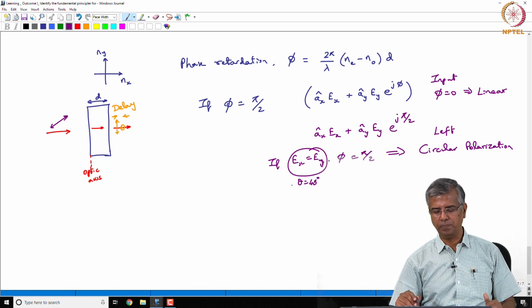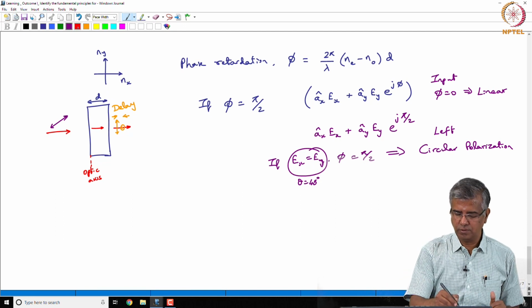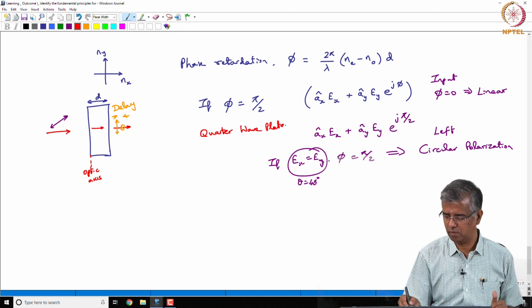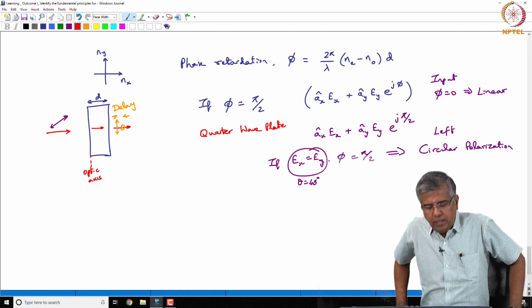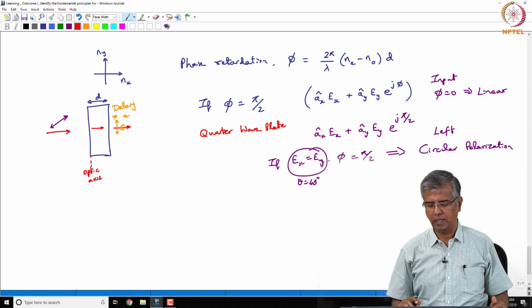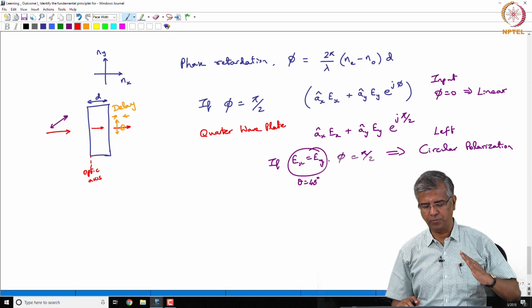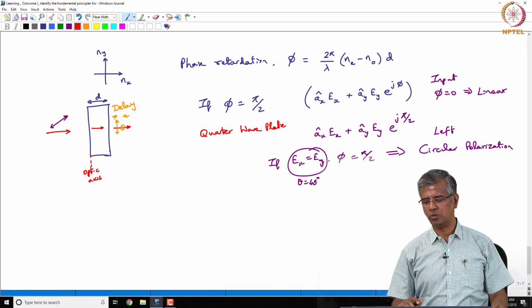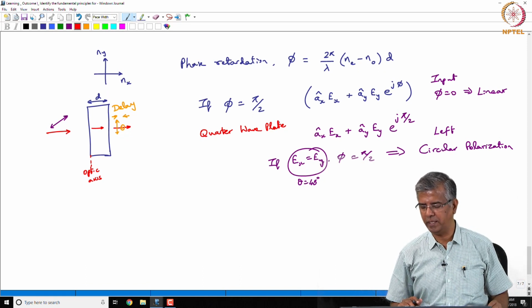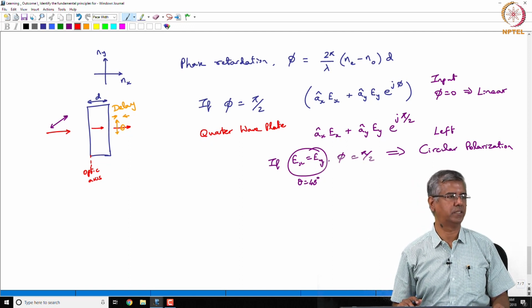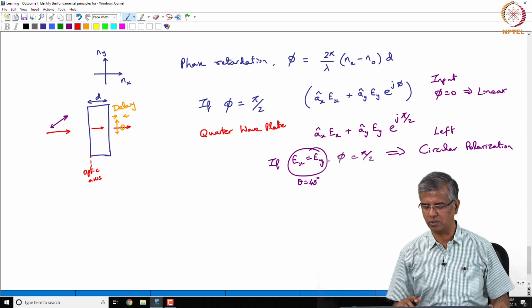This is what you call a quarter wave plate. If you have a 45 degree polarization coming in, and it goes through that material, what comes out is circular polarization. So, linear gets converted to circular polarization.